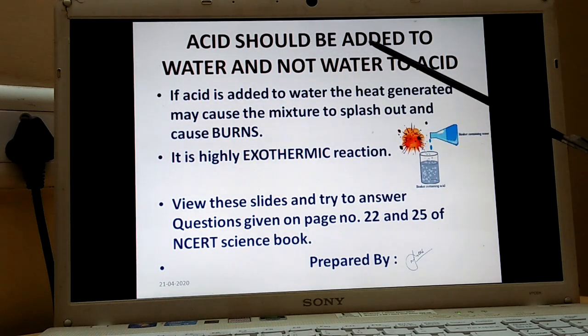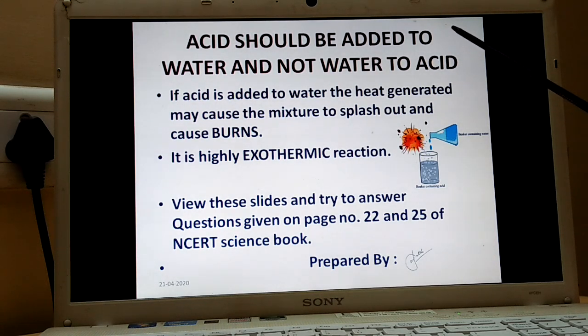Next is that acid should be added to water and not water to acid. So students, it's a very important precaution that we have to take: while mixing acid with water, we should never put water into acid, but we should add acid to water, because it's a highly exothermic reaction.